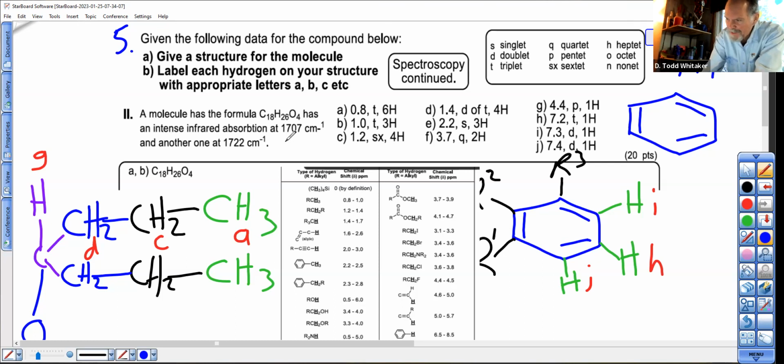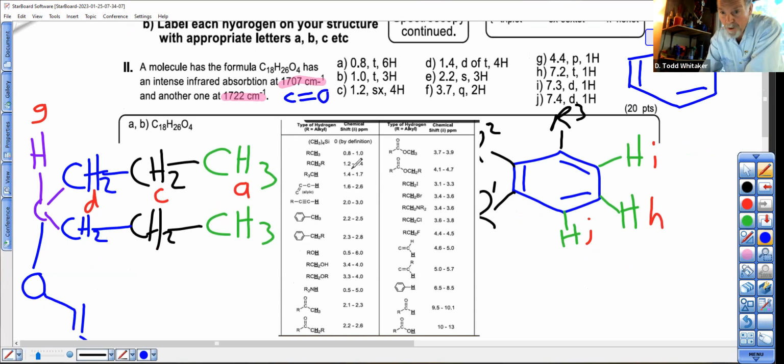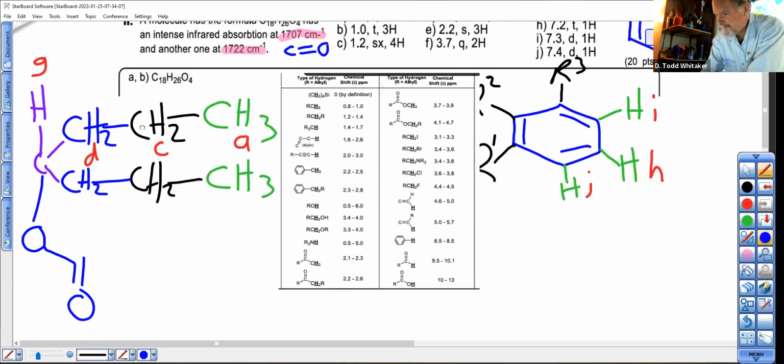But when you have peaks in infrared anywhere near 1700 reciprocal centimeters, it just means one thing: carbonyl. That is useful information. You're not told it's just one carbonyl, you're told it's two. Okay, we got one on the page. Right there. Two coming up later, I think.